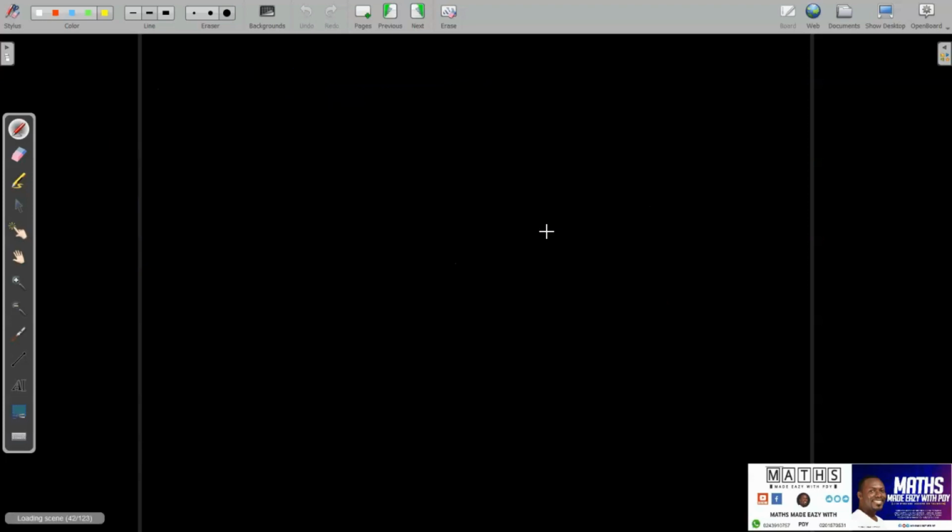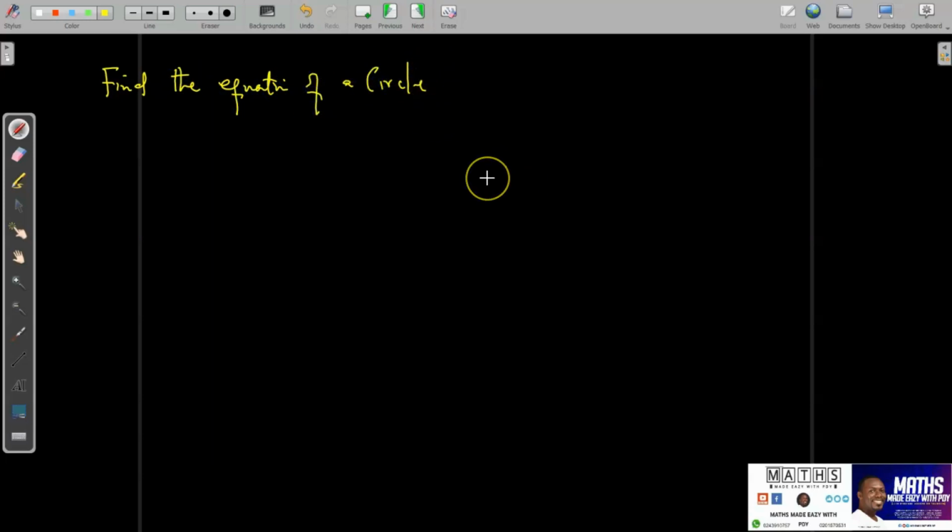Yes, please. So let's take the first example. Given that, find the equation of a circle. I'll do one, then you also do one because you don't have my time. Find the equation of a circle given radius and center.